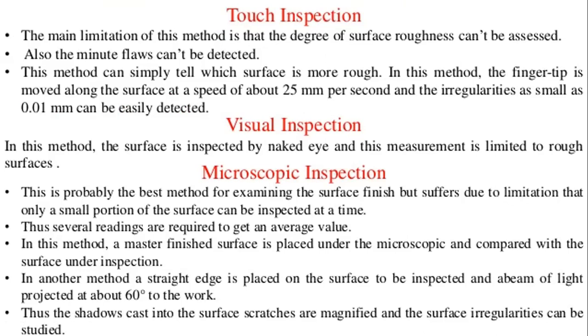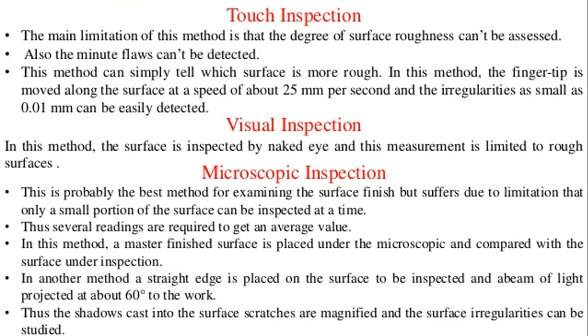By touching the surface, we cannot assess the surface roughness directly. So that is the main problem with it. Also, the minute flaws can't be detected from this touch inspection, and this method can simply tell which surface is more rough.